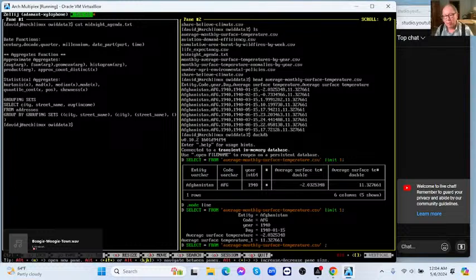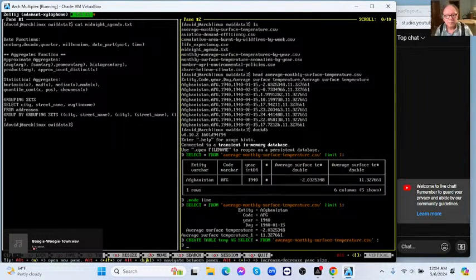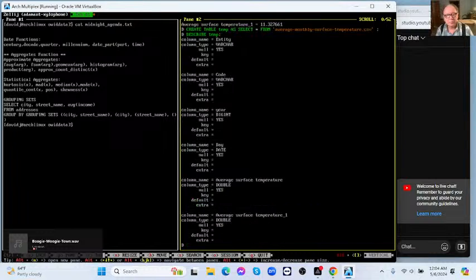Now remember, we're only working in memory, so this means that the call this temp, okay? Then let's do a describe. And here's a list of all of our columns. Okay, you got entity, which is basically country. You got code, which is a 3-digit code. You got year. You got date. You got average surface temperature.